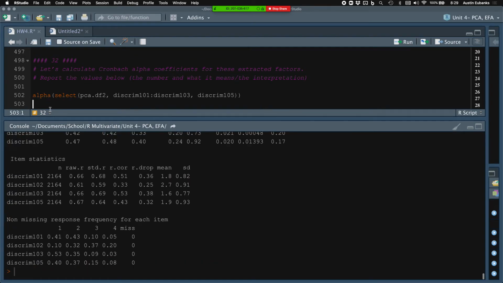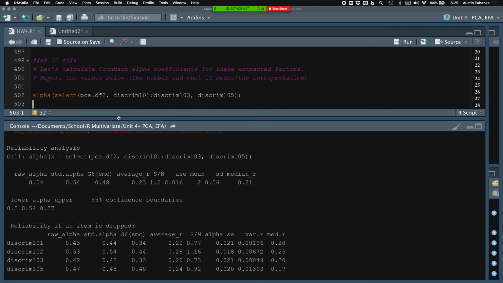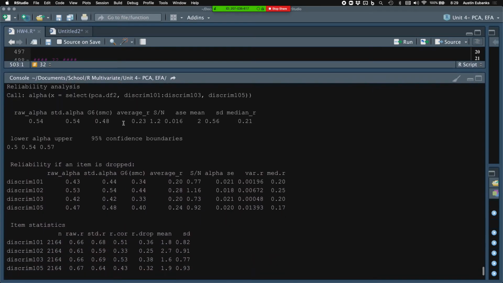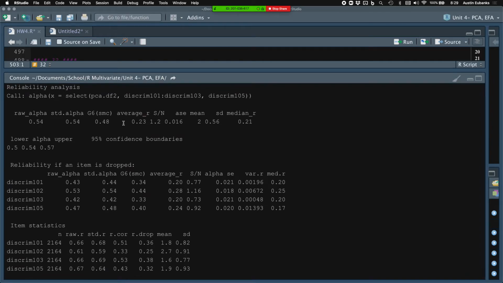And then when we wrap it in alpha, we get our reliability analysis. Now, when you look at the reliability analysis output, you're looking at a few things. First of all, up here at the top, here's where you're getting your alpha from. So the alpha for this Descrim factor is 0.54, which is garbage by our standards in psychology.